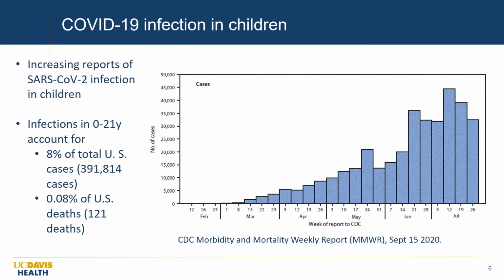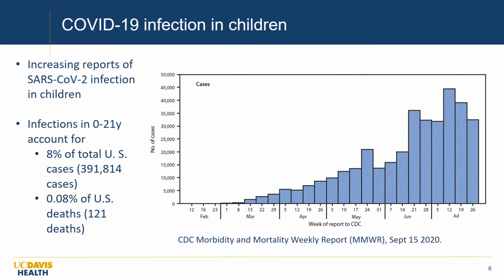Over time, this has changed, and so we have seen that there have been increasing reports of COVID infection in children. This was a more recent morbidity and mortality weekly report published just earlier this week on September 15th. And you can see that starting back in March, there were really few infections reported in children, but especially in June and July, we saw increasing numbers of cases in the 0 to 21 year population, which is what's pictured here.